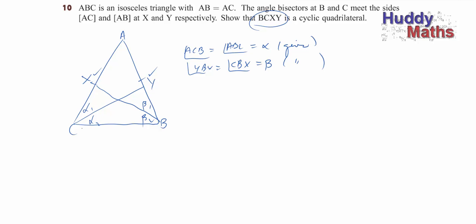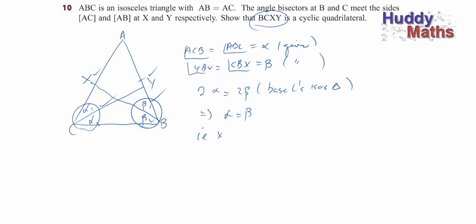Okay, so now we can say these two angles are equal. So 2 alpha equals 2 beta, base angles isosceles triangle, and therefore alpha equals beta.